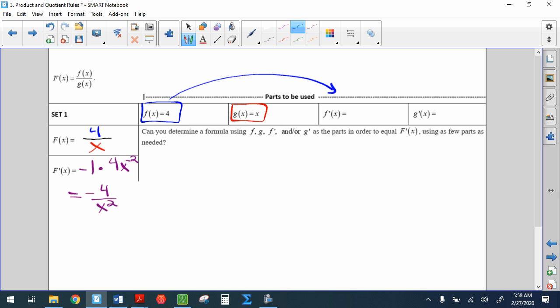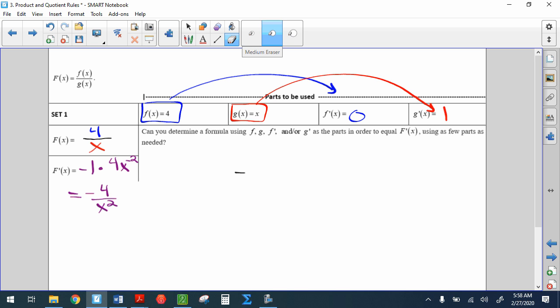Derivative of 4 is 0. Derivative of x is 1. So I have negative 4 over x squared. So I need a negative 1 times, so negative 1 I guess would be negative g of x. Negative g prime of x.